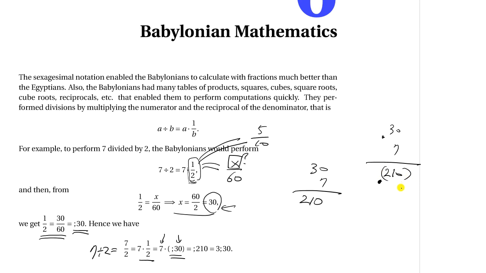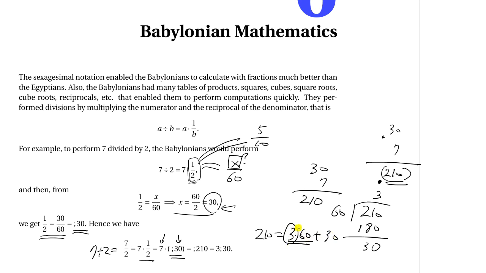But our base system is 60, which means we have to calculate how many 60s go into 210. It's 3 of them, and the remainder is again 30. So 210 is 3 times 60 plus 30, which means we need to carry over 3 to the left.